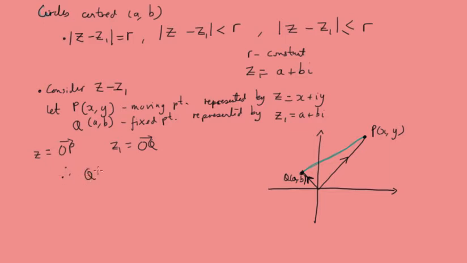Therefore, PQ here is minus Z1 plus Z, which is Z minus Z1, which is what we've got here.